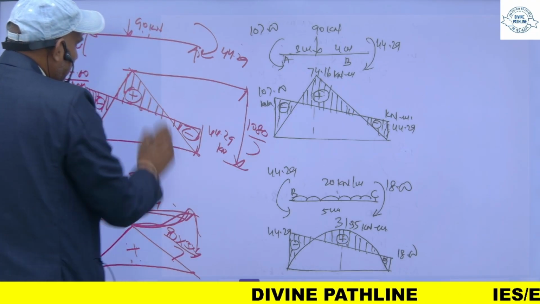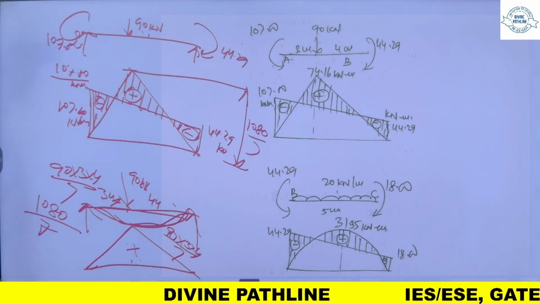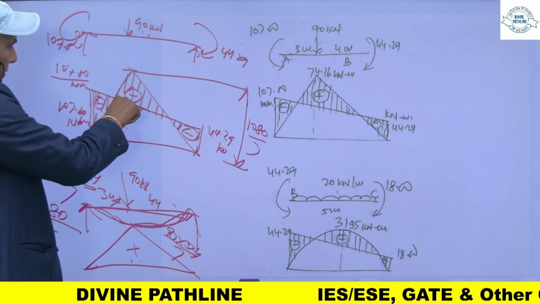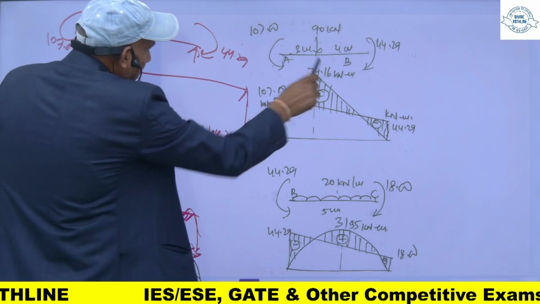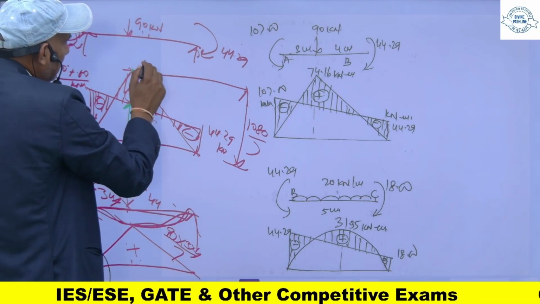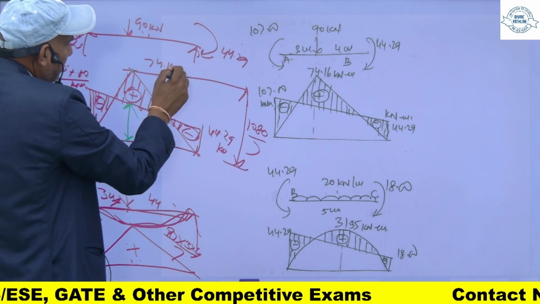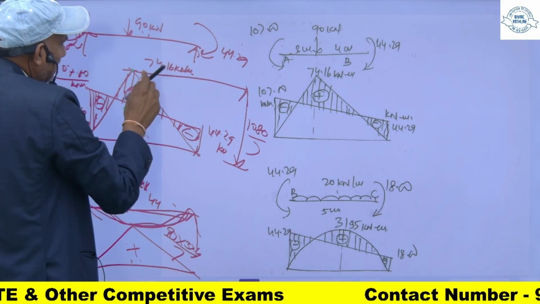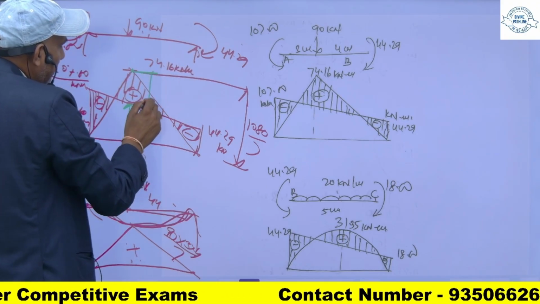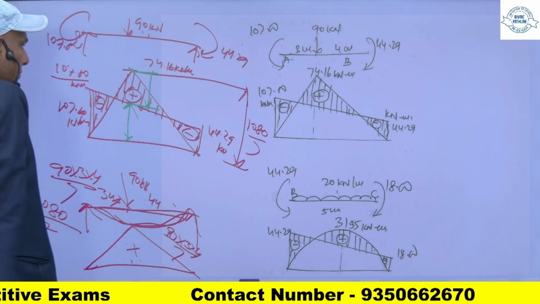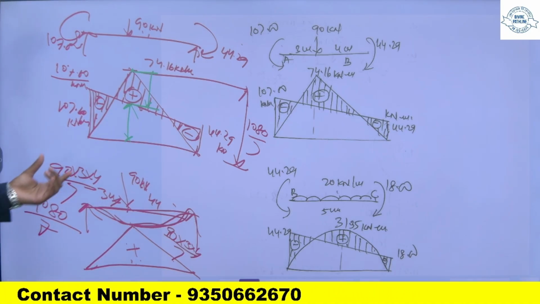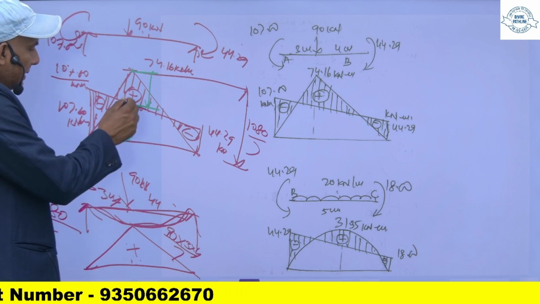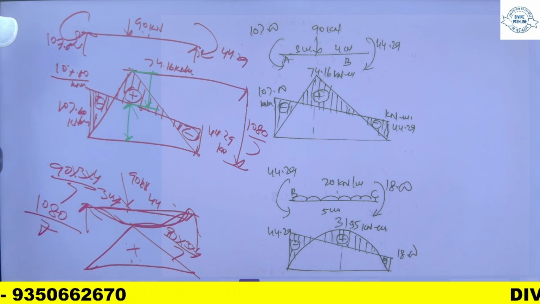This total is this one. When you subtract this value, you will get this one, and this will be 74.16 kilonewton meter. So this is from this point to this point. So this is 74.16.